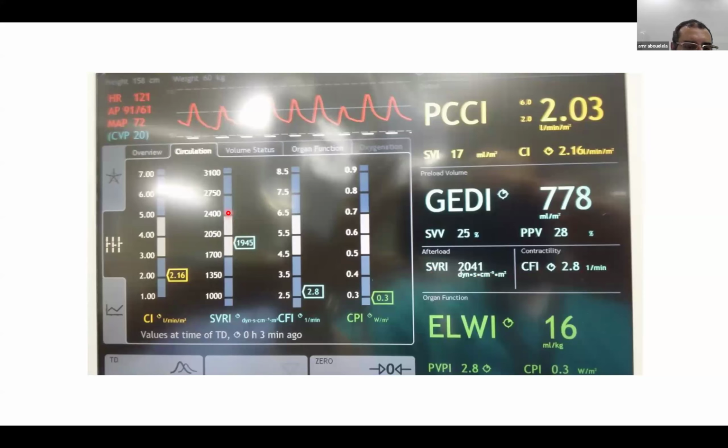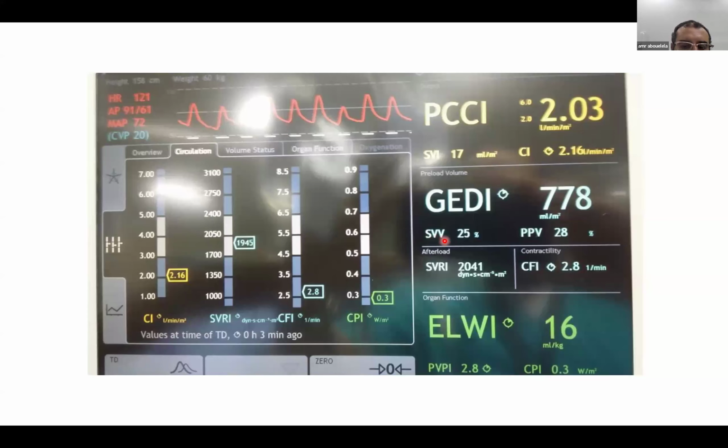By the way, the monitor will give you the normal value for each parameter, so you will not bother yourself to remember the numbers. You can see the normal value is between 1700 and 2400. The systemic vascular resistance is acceptable. It means that the patient will not benefit from any more norepinephrine or vasopressor, but you should decide to give fluid or to give an inotropic agent.